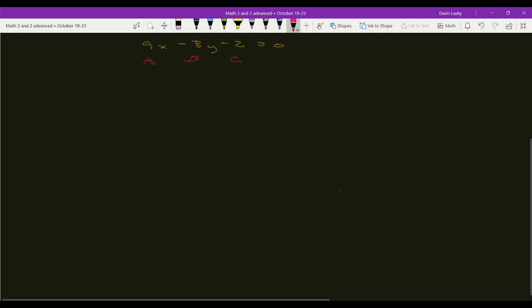It's 3/4 y minus 2/3 x equals 12. We talked about it before, and again, we're finding x and y intercepts, so we need to find the x intercept.